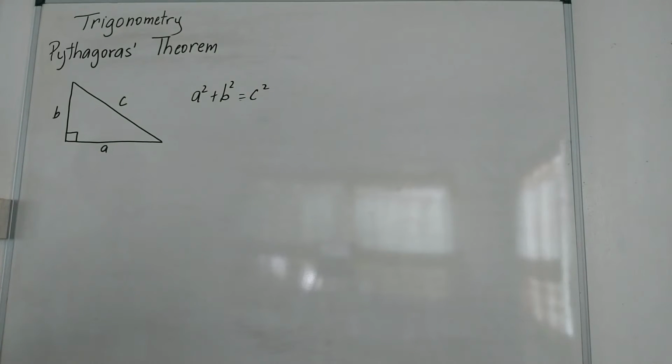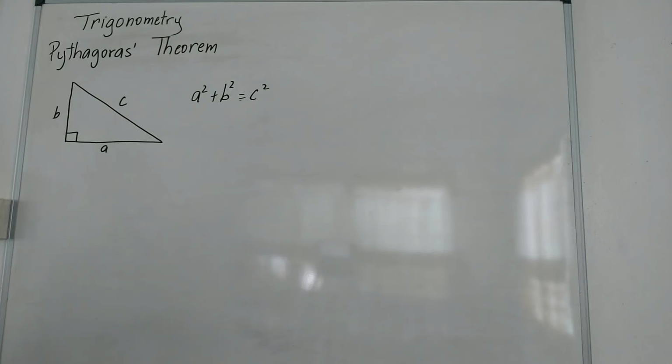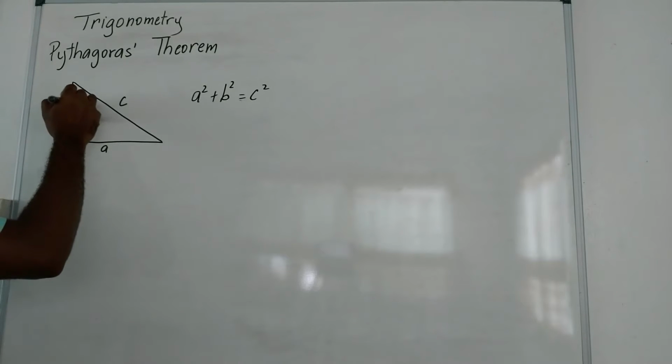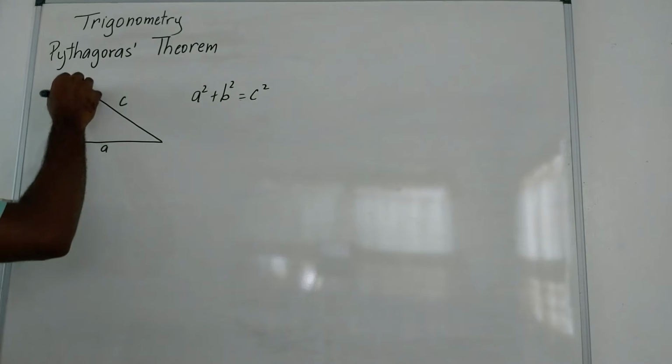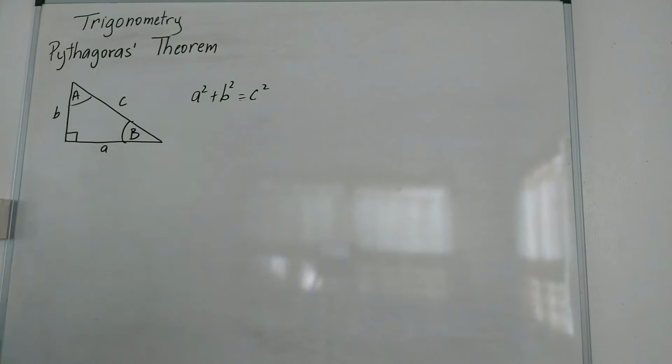Because that is the largest side, these 2 other angles cannot be more than 90 degrees. So these will be 2 acute angles, this angle here and this angle here, and those 2 angles will always add up to 90 degrees.